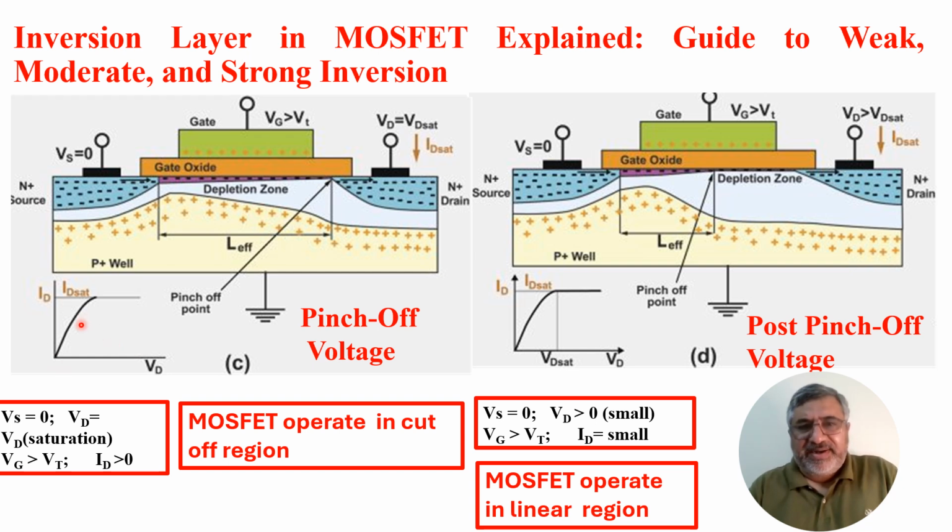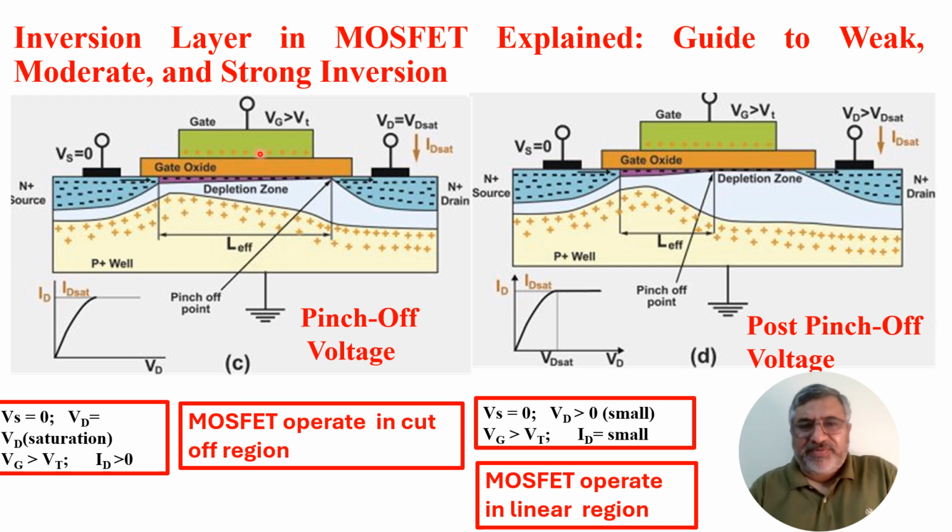As the drain voltage VD increases, the electric field between the drain and source pushes more current through the channel. In this region, the current ID increases linearly with VD. The entire channel is present from the source to the drain.